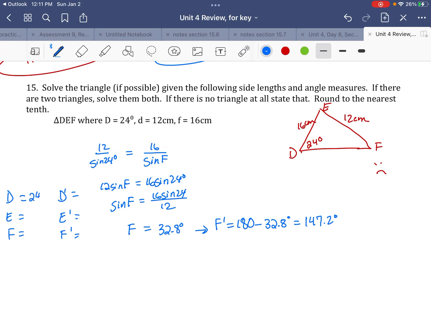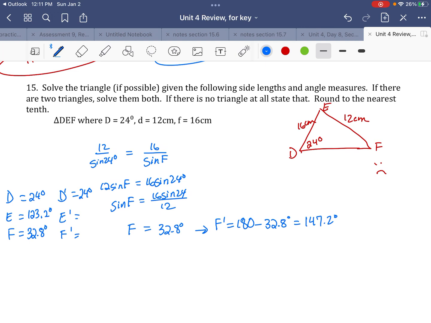D was given as 24, and so that's going to stay 24. I just found F to be 32.8. So if I do 180 minus 32.8 minus 24, that means that E is 123.2. All right, there's my first triangle.